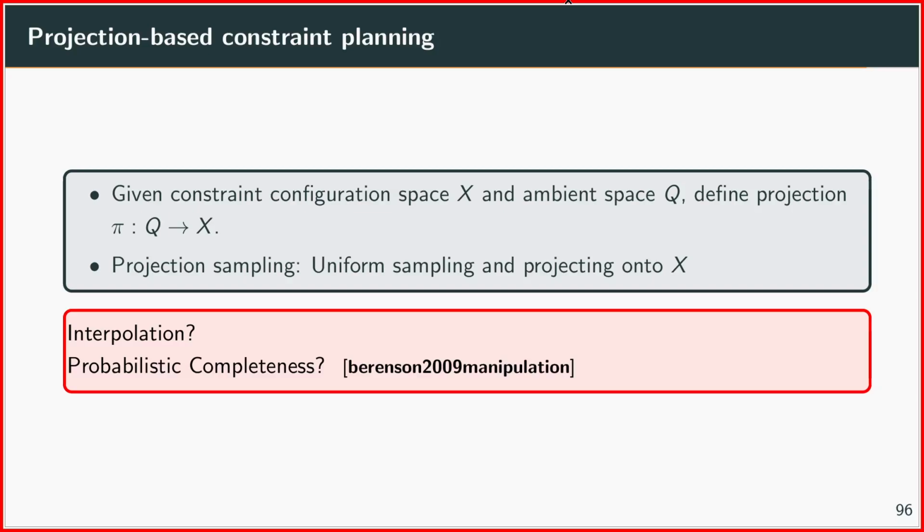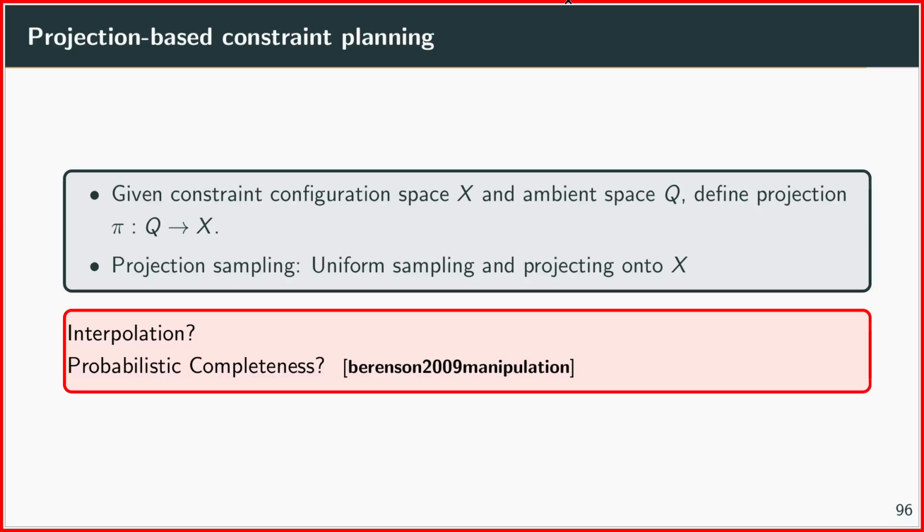One more question, probabilistic completeness. Do you think this is actually probabilistically complete if we can sample and interpolate? I don't see any reason why it shouldn't be.